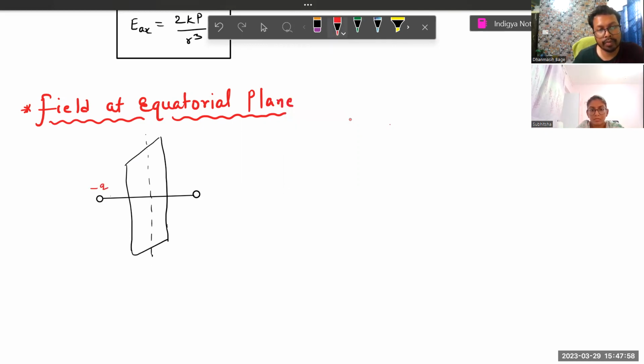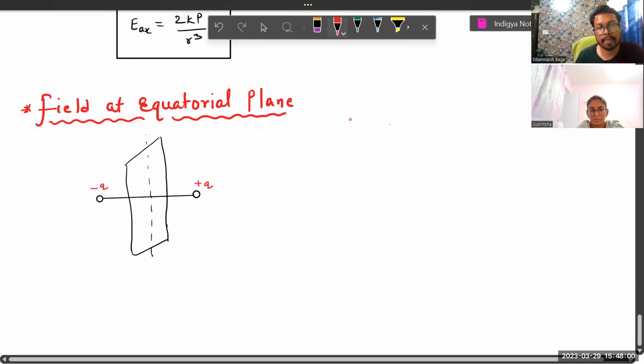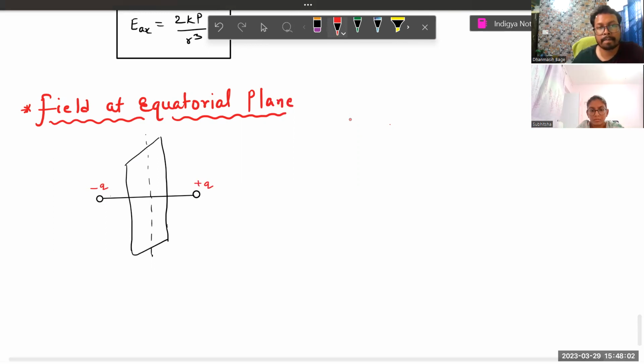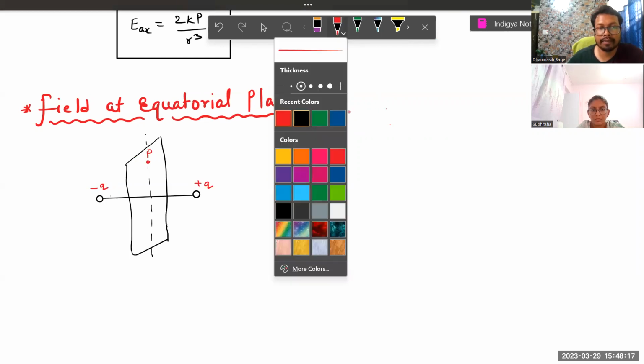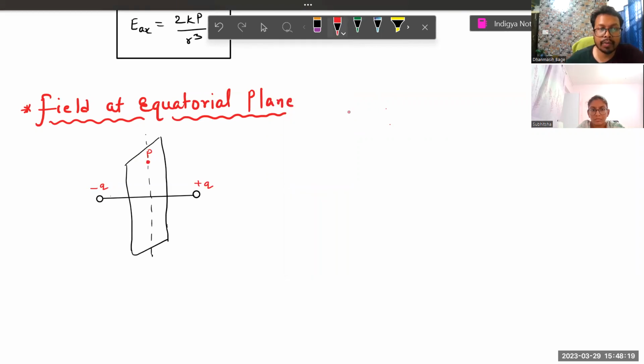Again, this is minus q and this is plus q. Now just imagine the point to be here. This is the point P now. Let us say the field due to minus q will be in which direction? Tell me.